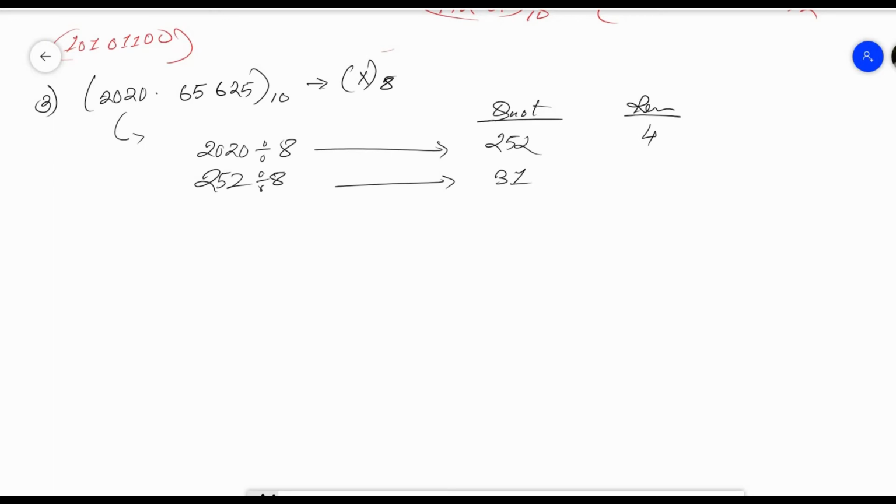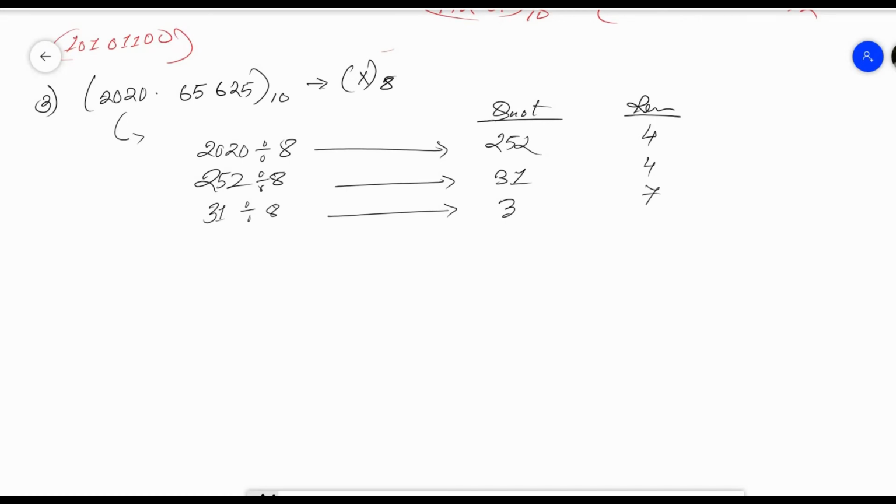And again, if we divide 252 by 8, we have quotient 31 and remainder 4. And then we take 31 divided by 8 and we get quotient 3 and remainder 7.